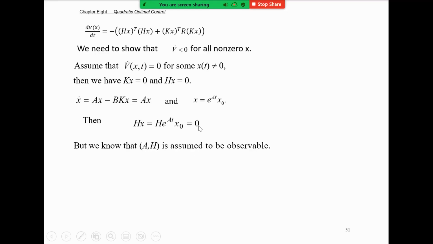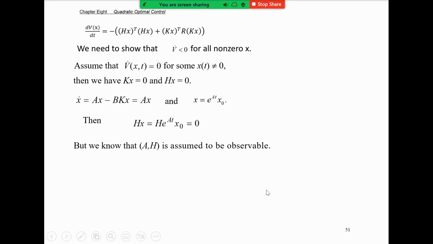We say the output is 0 for this. We can call it a virtual system, right? Because like I mentioned, h is not corresponding to c, but just say this is a virtual system. We say (A, H) is observable, hx is the output, but the output is 0.